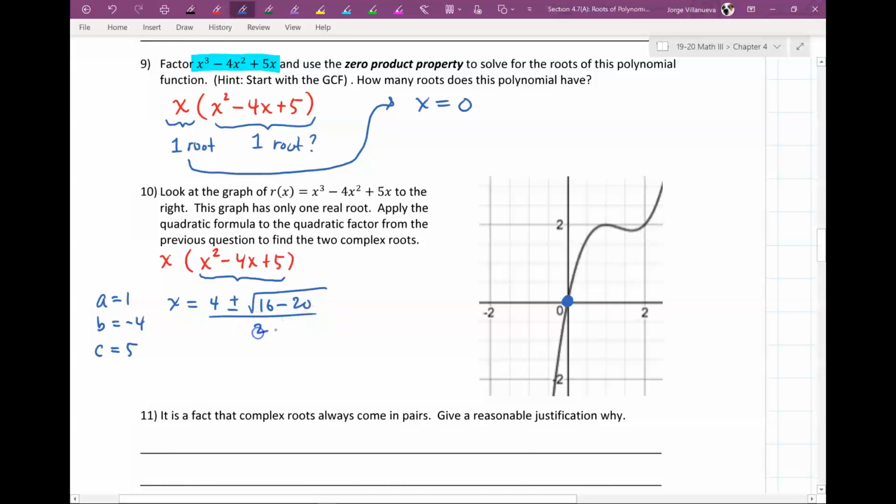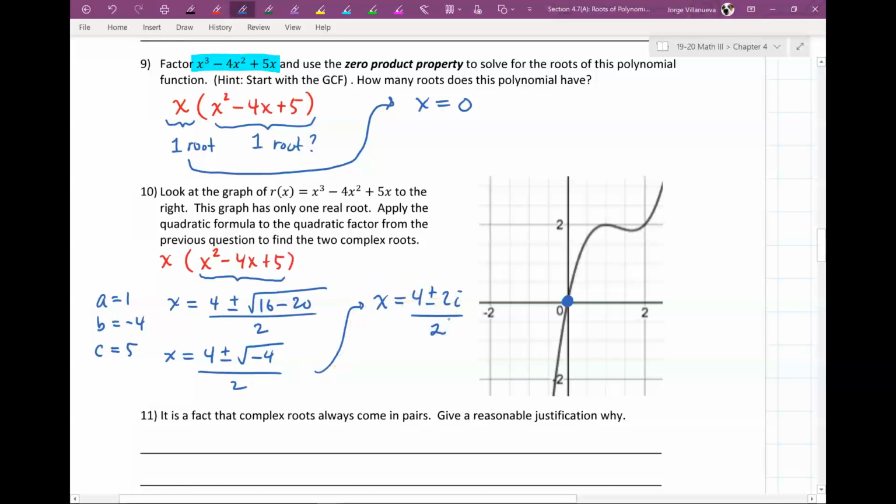Over 2 times a, so that's 2. Well, x is equal to 4 plus or minus the square root of -4 over 2. Well, what's the square root of -4? 2i. So x is equal to 4 plus or minus 2i over 2.